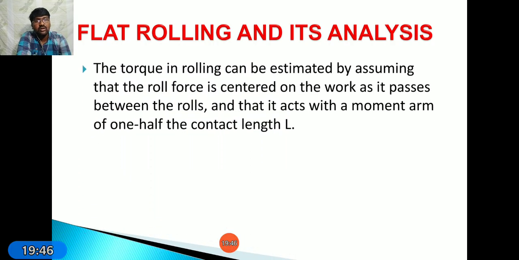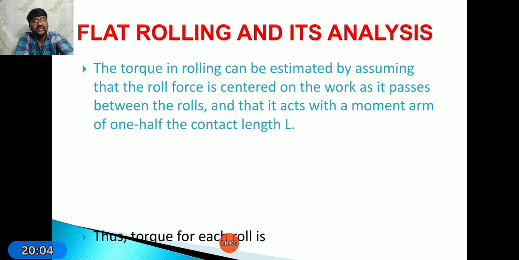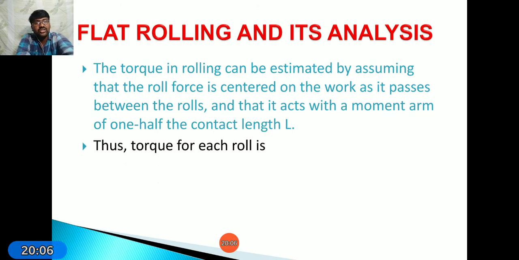Next, the torque in rolling can be estimated by assuming that the roll force is centered on the workpiece as it passes between the rolls, and that it acts as a moment over half of the contact length. The torque for each roll can be expressed as T equals 0.5 into FL.